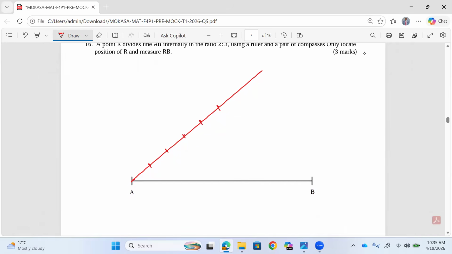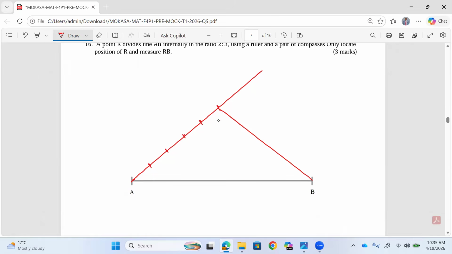Then you join the last one to B. From that point, you join the others to the line AB, but you ensure that they are parallel to the first one.